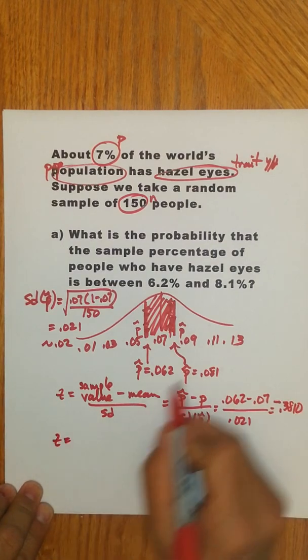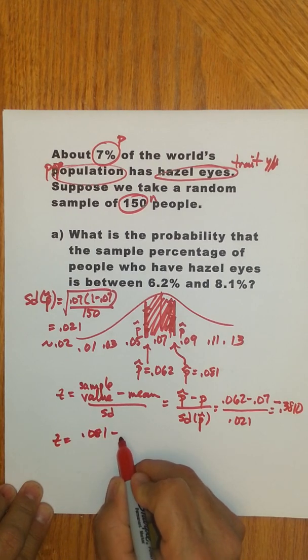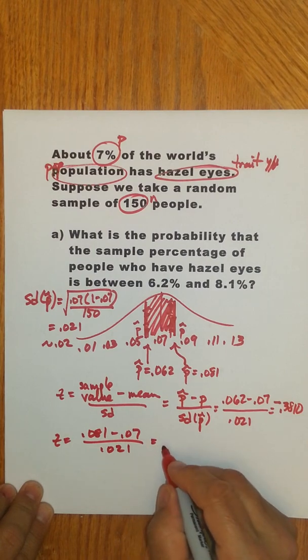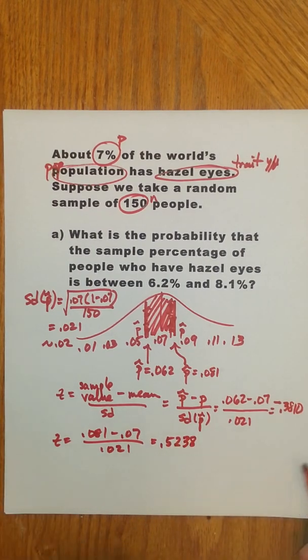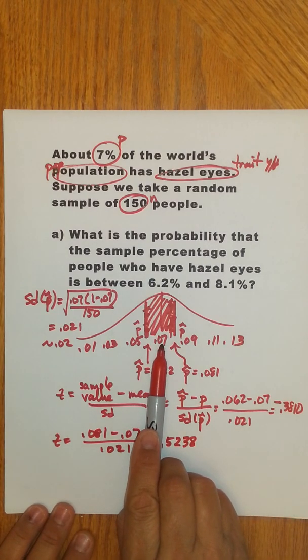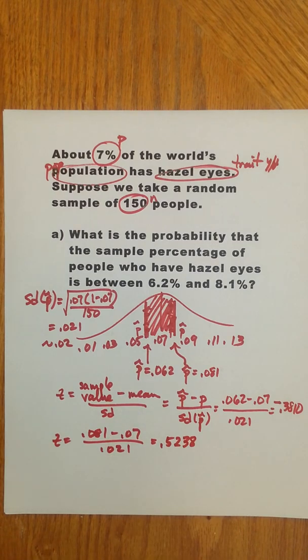And the second z-score for 0.081 is going to be how far is 0.081 from the mean 0.07, divided by 0.021. And I'm going to get that it's 0.5238 standard deviations from the mean. Now what that means is, remember, here's 0.07, it's 0 standard deviations. This is -1 standard deviation. Let me write that in there.